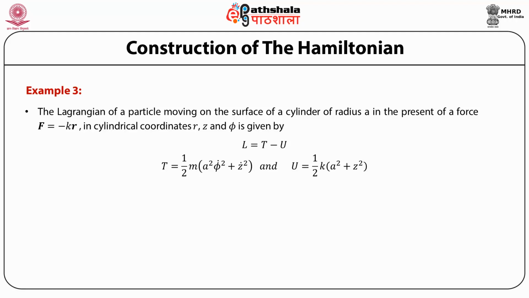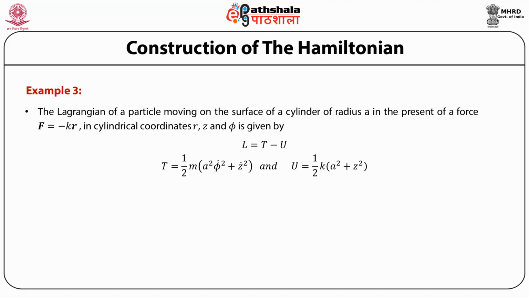So we first write down the Lagrangian of a particle in terms of cylindrical coordinates. The kinetic energy is half m (a squared phi dot squared plus z dot squared), because the cylinder has a fixed radius a. The particle is moving on the surface of the cylinder, so it has only 2 degrees of freedom, which in cylindrical coordinates we express as phi and z.